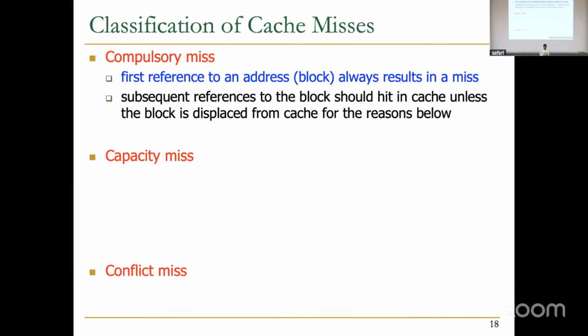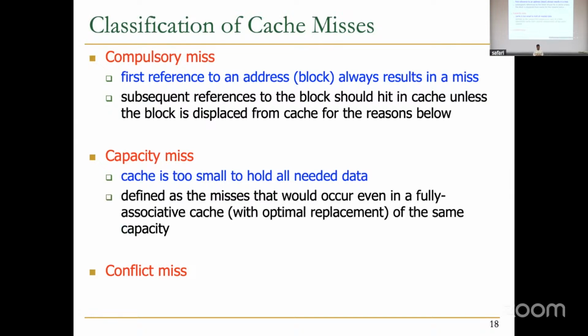But then we have something called a capacity miss. So what do we mean by capacity miss? A capacity miss, as the name suggests, is any miss that comes purely from the fact that the cache is not big enough. This is defined in the following way. By the way, there can be cyclic definitions of these. You could say, okay, compulsory miss is this, we can define conflict miss, and then anything that does not fall into these two categories would be capacity miss. But I'm trying to define the capacity miss by itself.